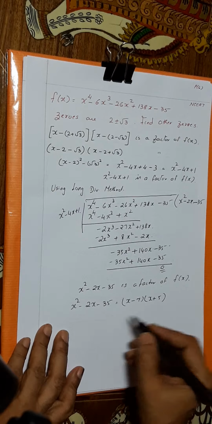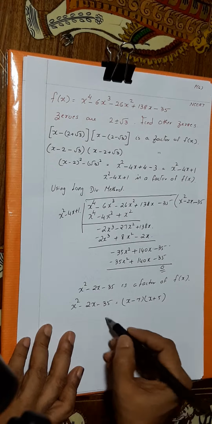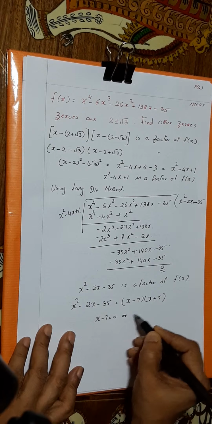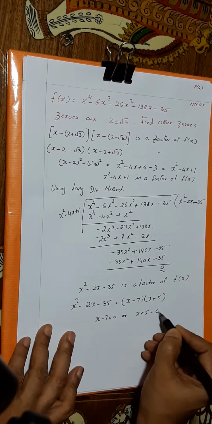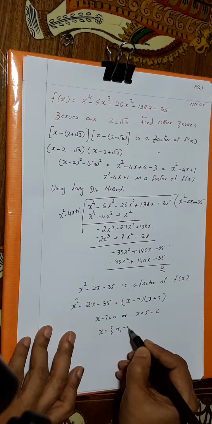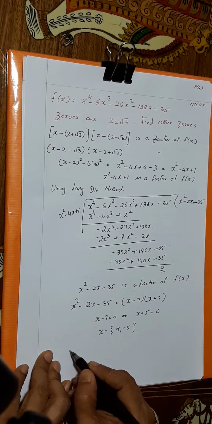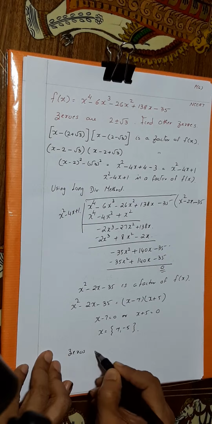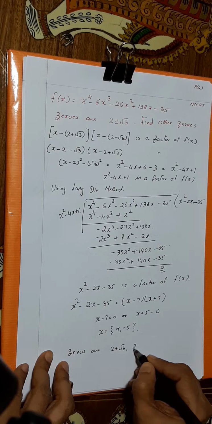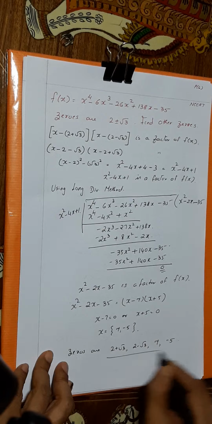So you have to equate it to 0 to find the zeros. So x minus 7 equal to 0 or x plus 5 equal to 0. So x is equal to 7 and minus 5. So these are the other two zeros. So the zeros are 2 plus root 3, 2 minus root 3, 7 and minus 5.